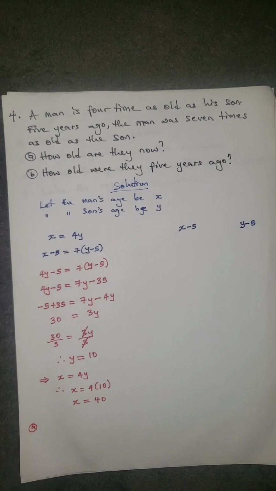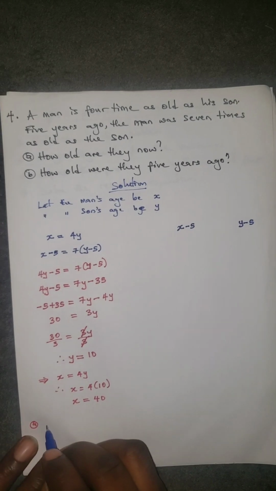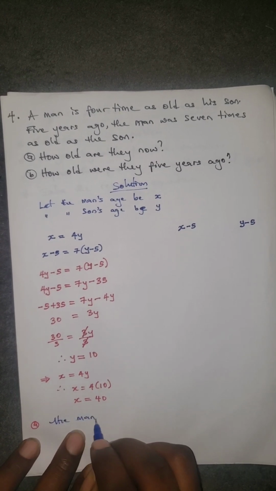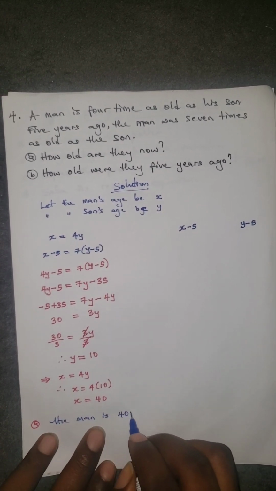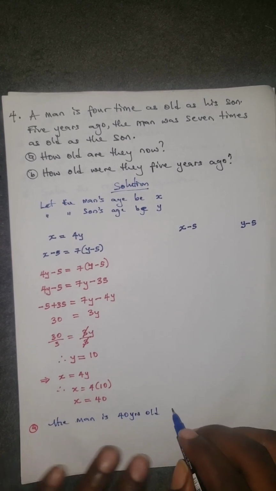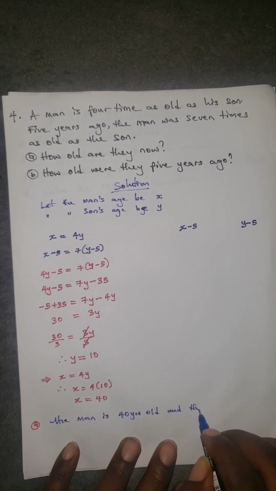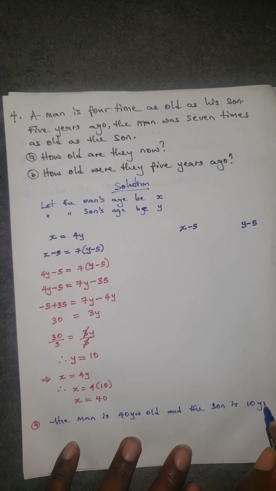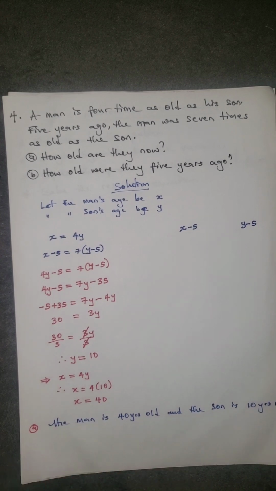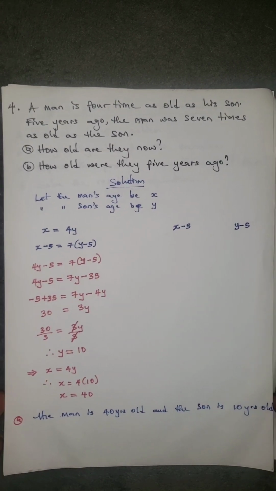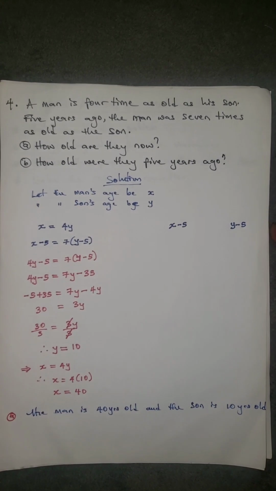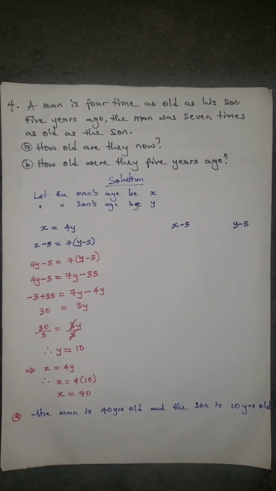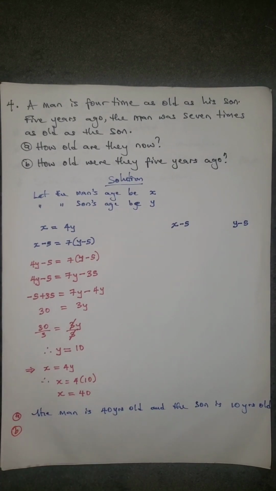So A, we say that the man is 40 years old and the son is 10 years old. Okay, the man is 40 years old while the son is 10 years old. Now, question B asks about 5 years ago.